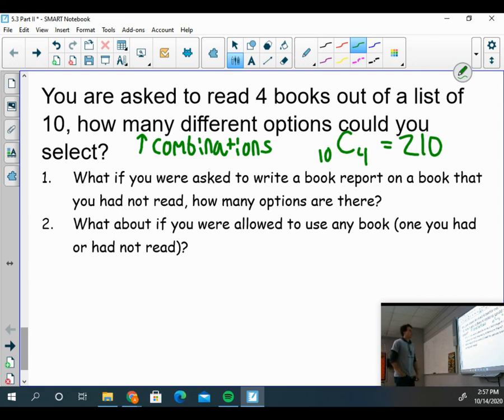What if you were asked to write a book report on a book that you had not read? How many options are there? Well, again, we need to look at our nCr here because, again, the order isn't super important. But what becomes really important is our n value and our r value. Well, there are only 6 books that I did not read because I read 4 of them.